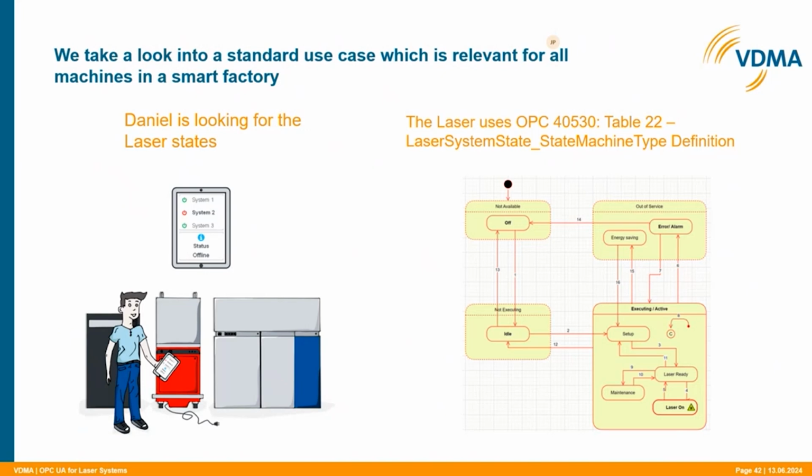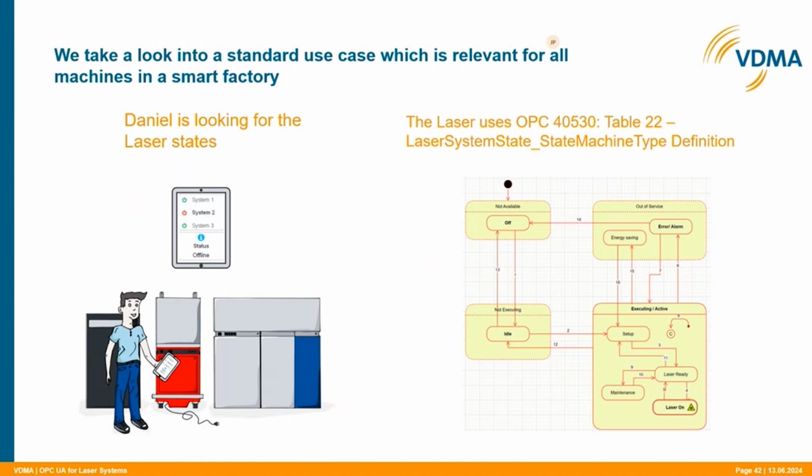The developer, or let me say, each developer of the laser interface has to download the companion specification for laser systems from the OPC Foundation website. He uses an OPC UA programming interface that can handle companion specifications. There are a few of them on the market.